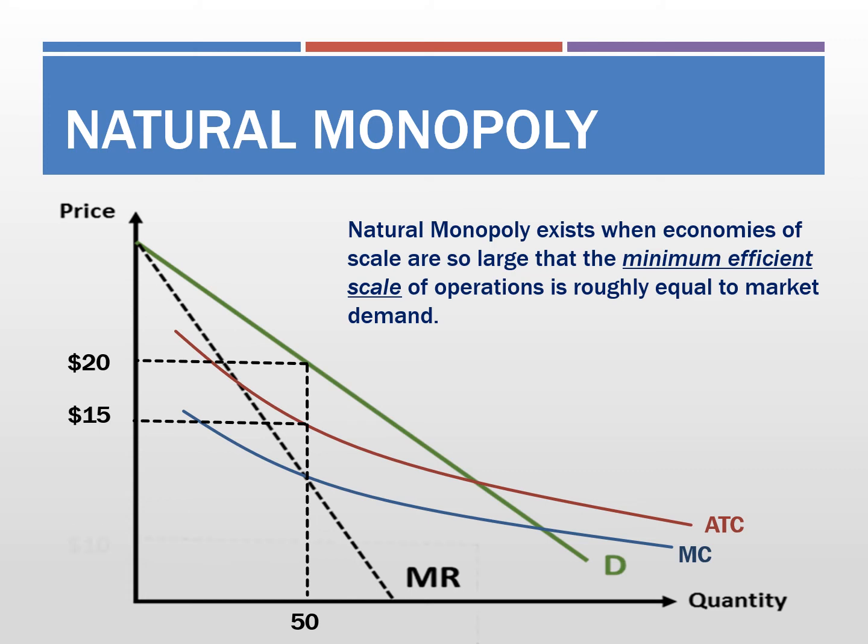However, suppose a new firm comes into the market and produces another additional 50 units, so the total output doubles. With each firm producing 50 units, they are paying $15 to produce each unit on average.